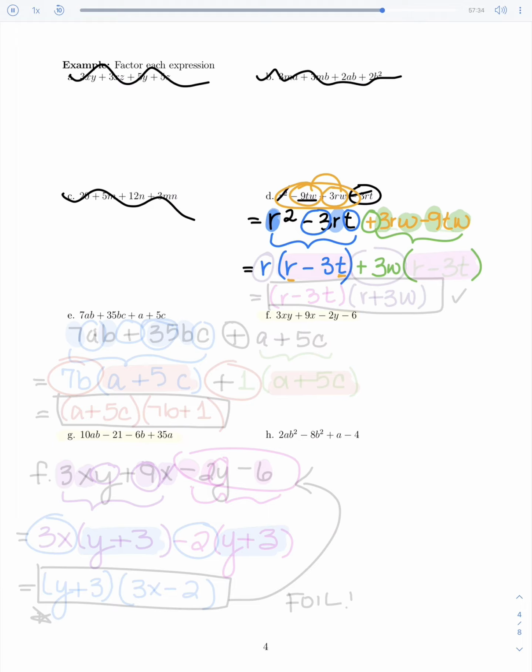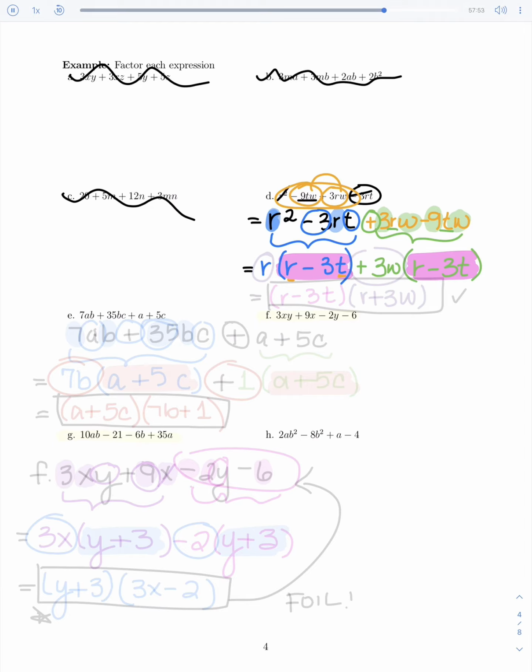So factoring out the 3 and the W does leave me with an R. Factoring out the 3 from the negative 9 gives me a negative 3, and I still have a T. Notice I did do this right because why? I have a matching R minus 3T.